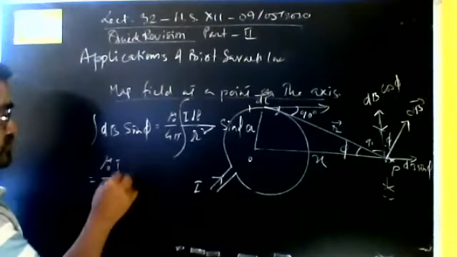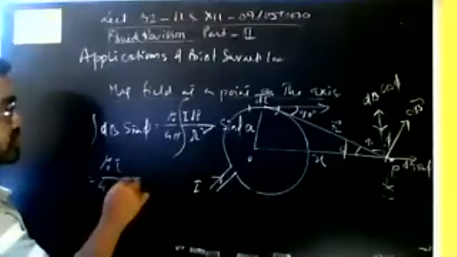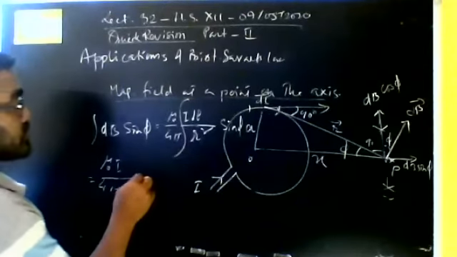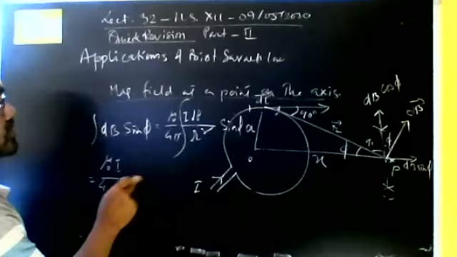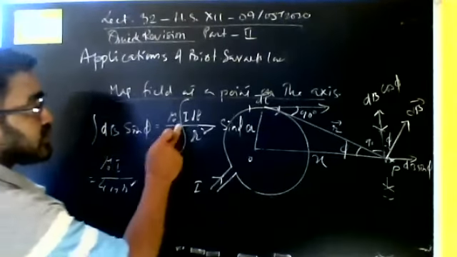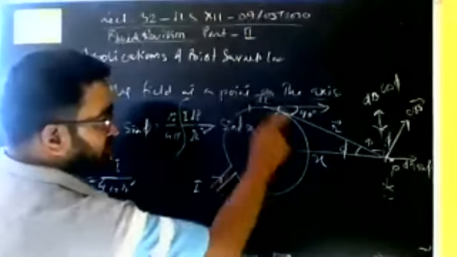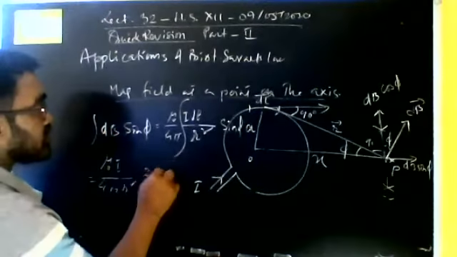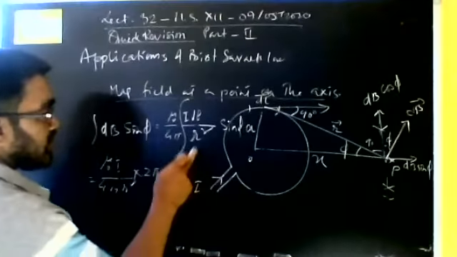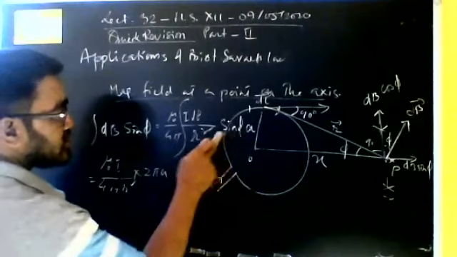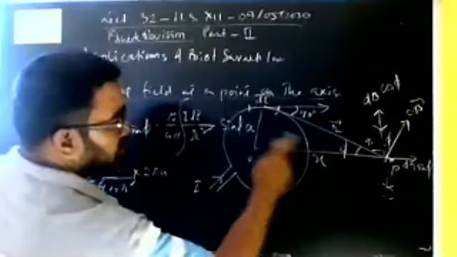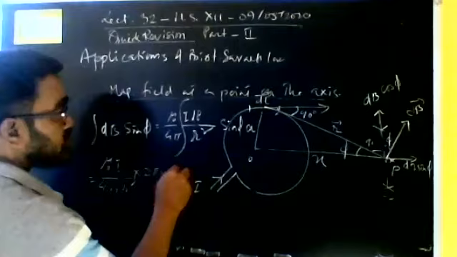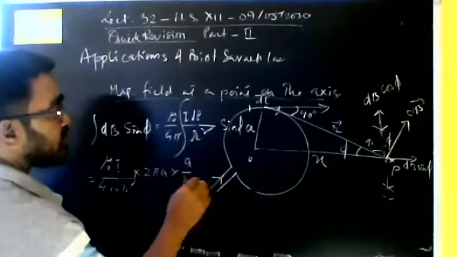So B is equal to mu naught by 4 pi, I comes outside. R square also comes outside since it is constant. The integration of dl is equal to the circumference, twice pi a. And sin phi is perpendicular by hypotenuse, a by r.